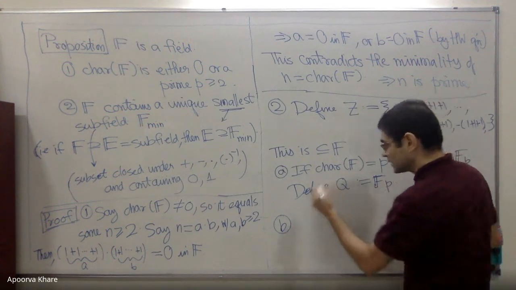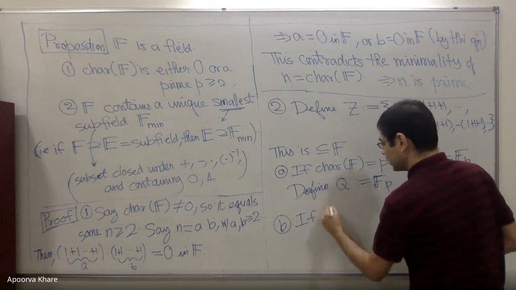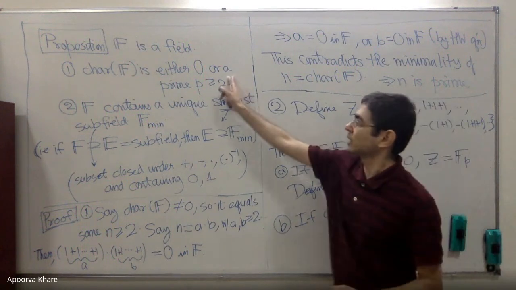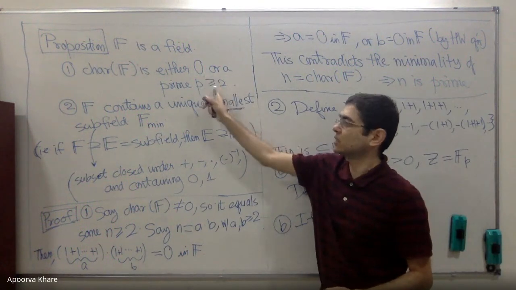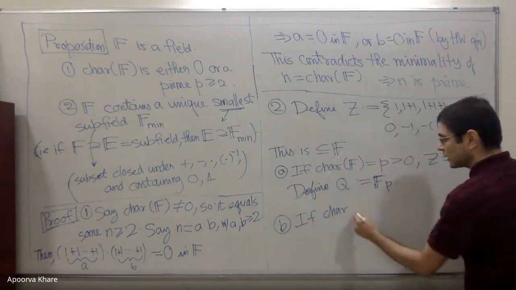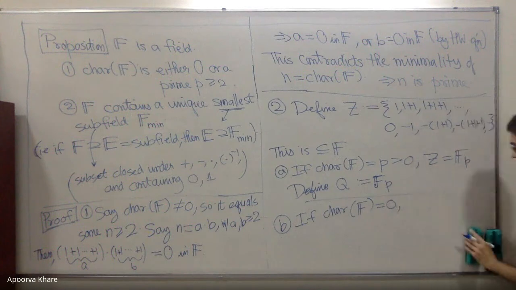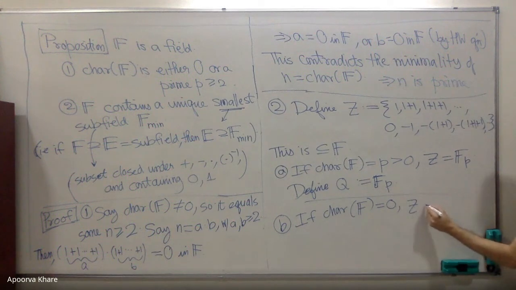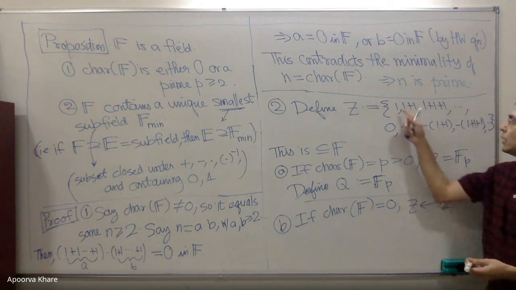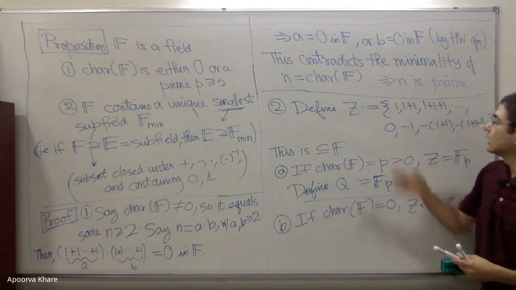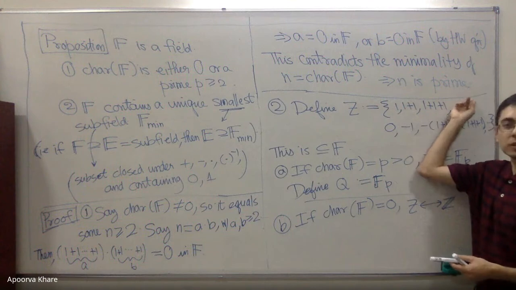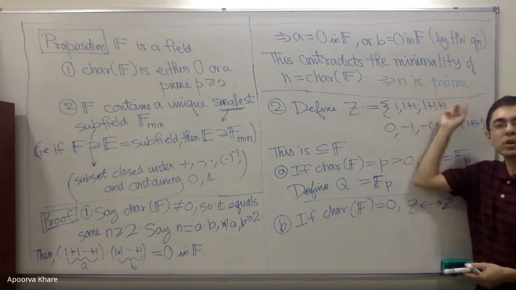Okay. So now if instead the characteristic is 0, and these are the only two cases by part 1, right? The characteristic is either 0 or a prime. If the characteristic of my original field here is 0, then Z is basically in bijection, or it's much more than that, with the integers, right? Because you will never repeat two elements. The point is, if 1 plus 1 equals 1 plus 1 plus 1 plus 1, then it's like saying 2 equals 4.